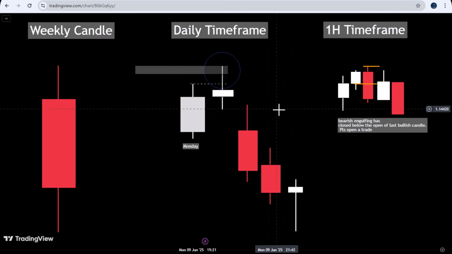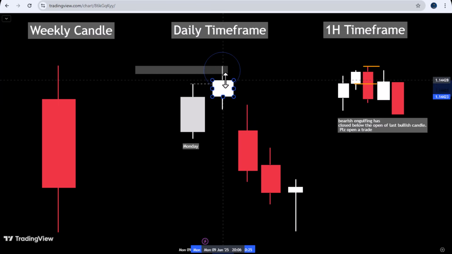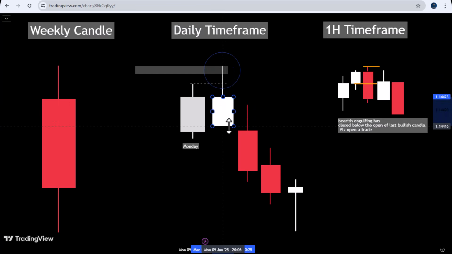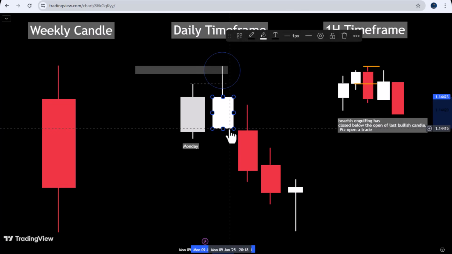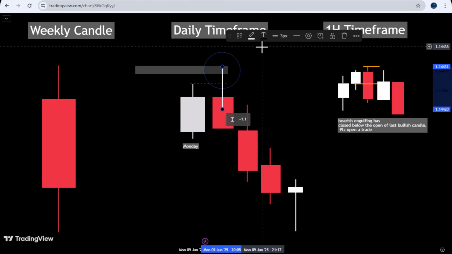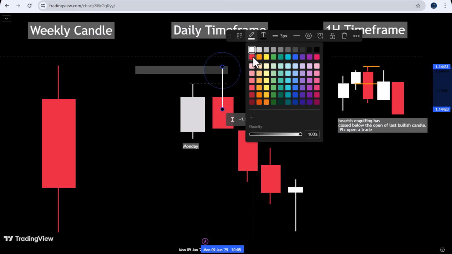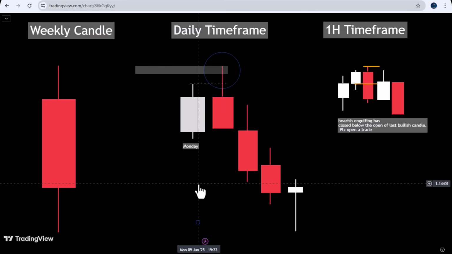At the end, price will drop, and this candle that was bullish will return bearish. This candle will turn bearish like this, right?